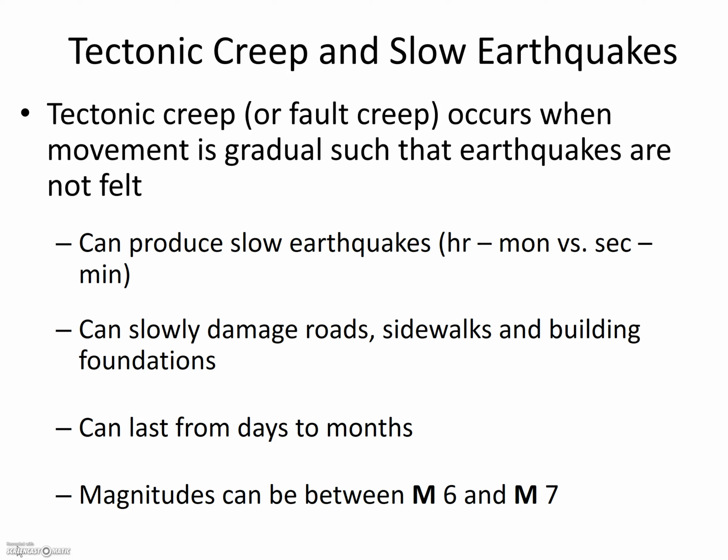It can produce slow earthquakes on the order of hours and months, as compared to seconds and minutes for fast, normal earthquakes. It can slowly damage roads, sidewalks, and building foundations. The magnitude can be between magnitude 6 and magnitude 7, which is quite large, but not even felt because it is so slow.